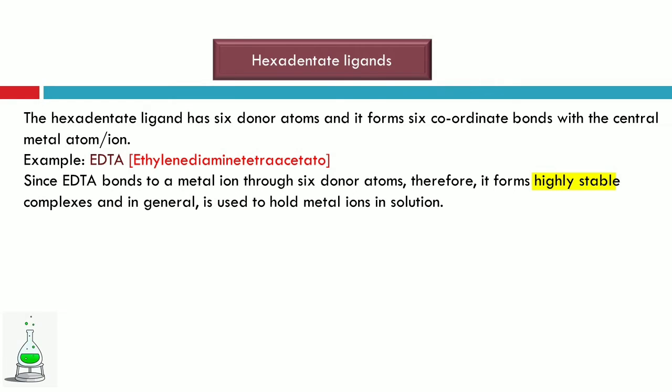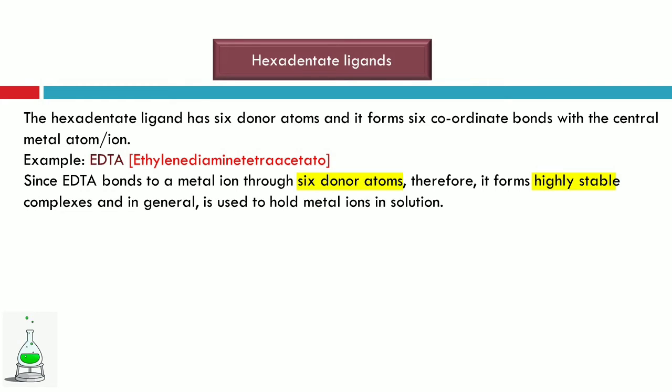Since EDTA bonds to a metal ion through 6 donor atoms, it forms highly stable complexes and in general it is used to hold metal ions in solution. The EDTA ligand is also used to trap metal ions such as Mg2+ and Ca2+ in hard water. One more use of EDTA is to treat lead poisoning.